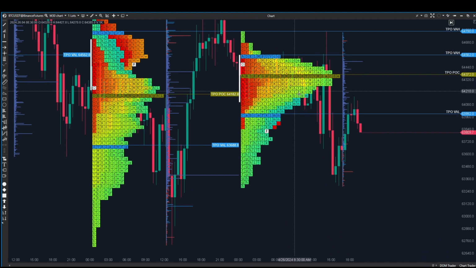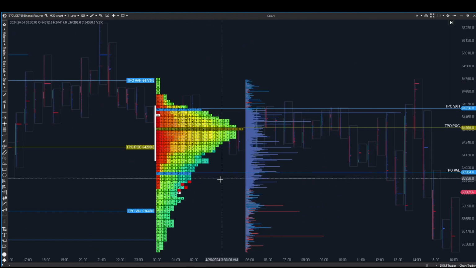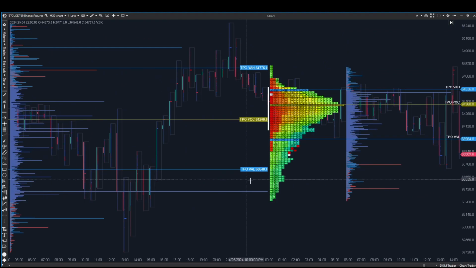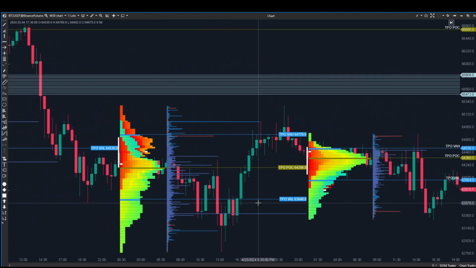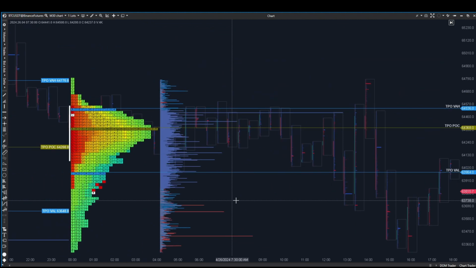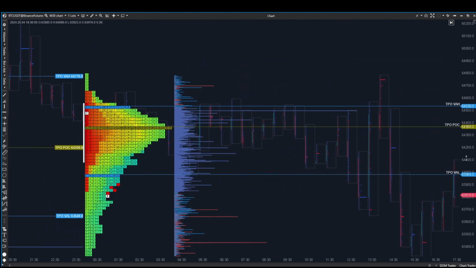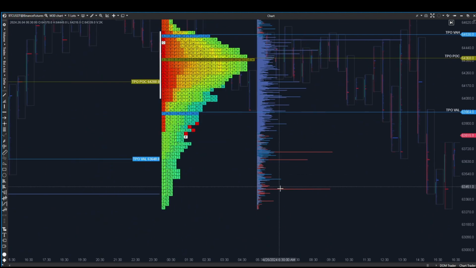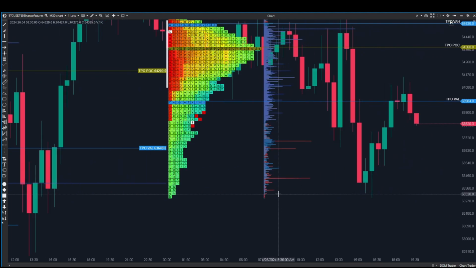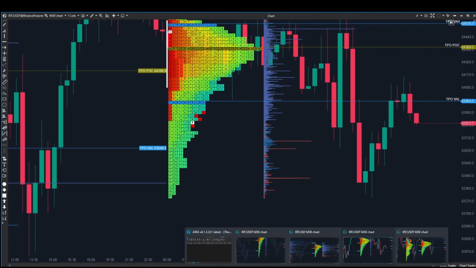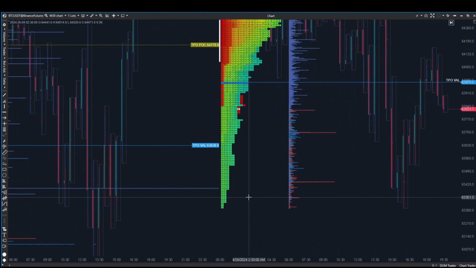So this is, I think, 38 ticks. Same piece of price action. This is 24. This is 10.